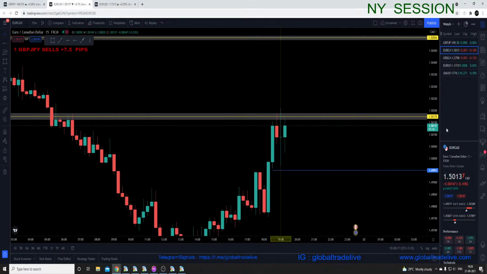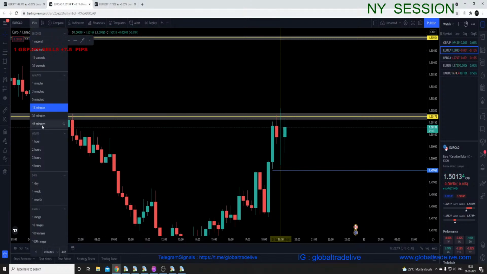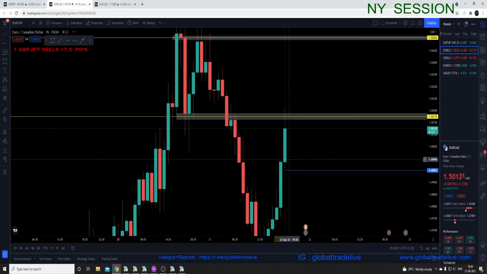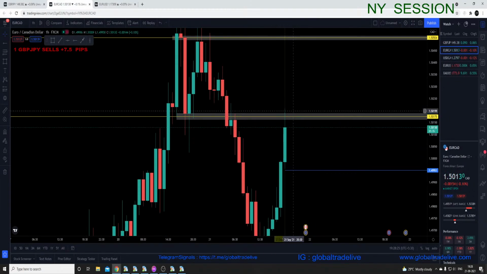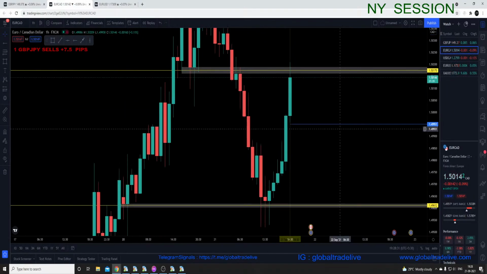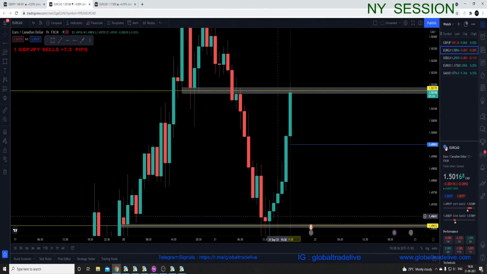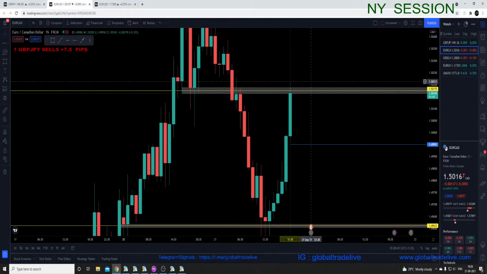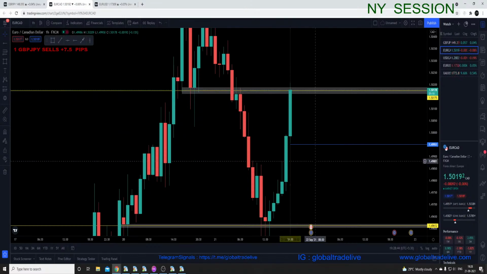So there is 1, 2 minutes left over here, and the 1 hour candle is also about to close. So this candle will be closing with a rejection. If that happens, then there is no point of buying, because this will be considered as a low and this will be considered as a retracement. So the next candle can reject this area the same as it did earlier, and it can start moving down.